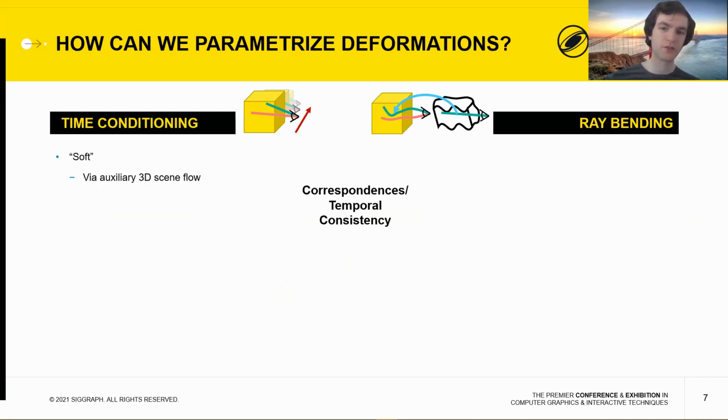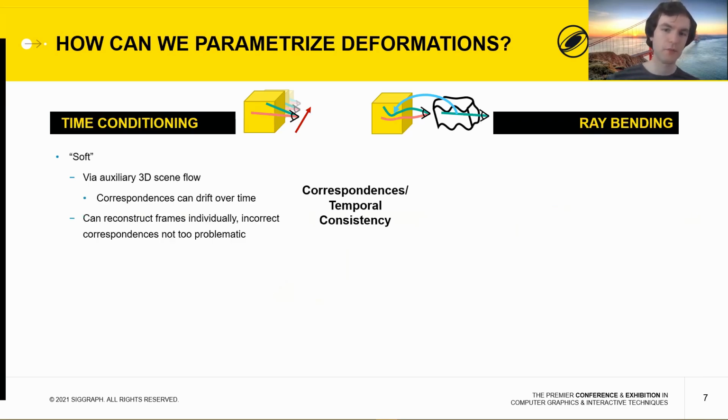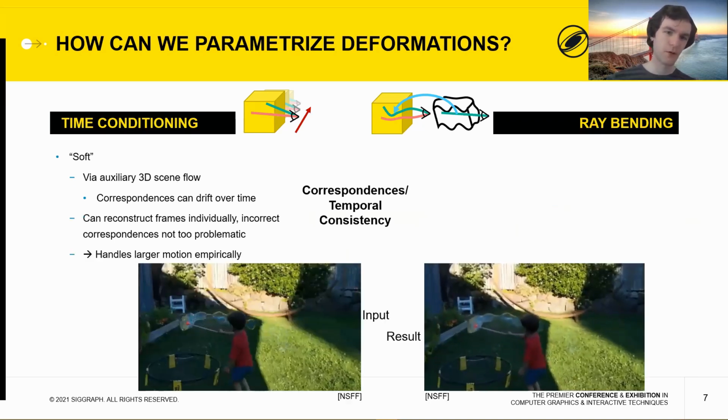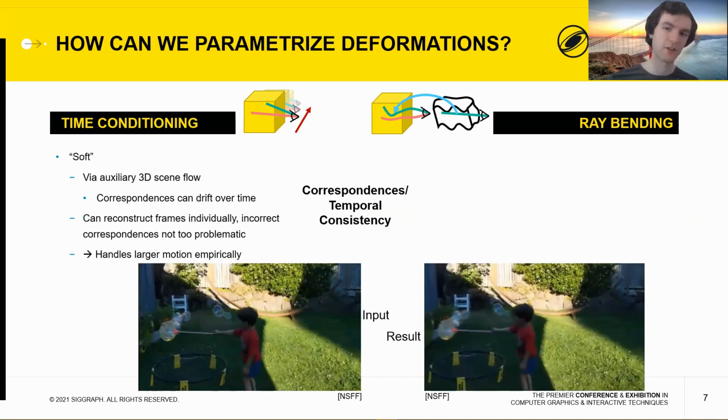They're modeled by an auxiliary 3D scene flow and they can drift over time. This allows time-conditioned methods to reconstruct frames rather individually, since incorrect correspondences across time are not too problematic. Thus, these methods can empirically handle larger motion.